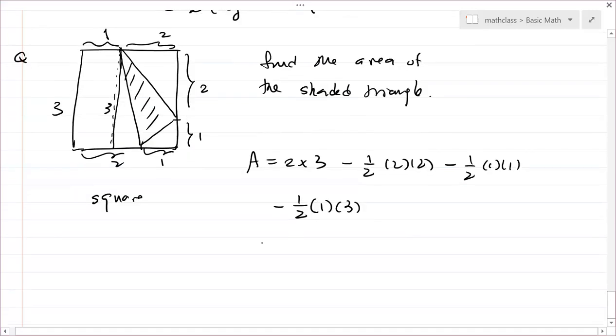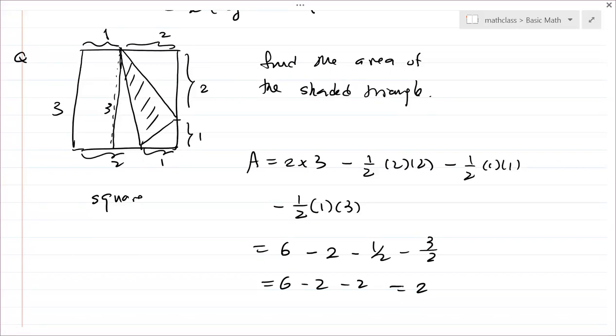So let's simplify. 6, 2, 1/2, 3 over 2. So actually it's going to be 6 minus 2 minus 2. That's going to be 2. You cannot easily find the height of the triangle. If you really want to, you can find the length of each side, but you cannot use them to find the area.